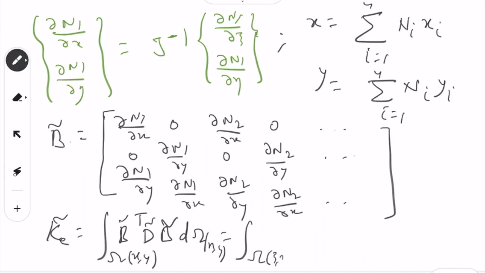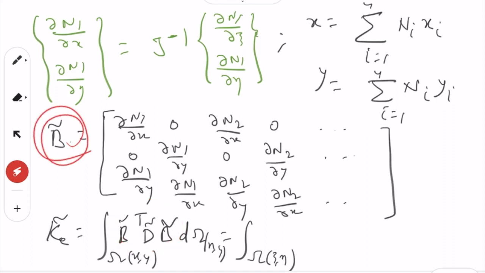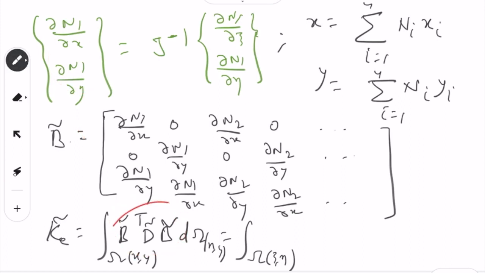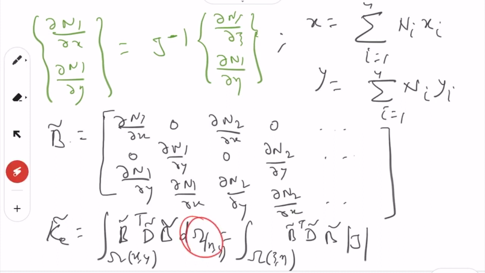xi eta form, the way we did in the heat transfer problem. So we have B transpose D B, and then we have J, the Jacobian. The Jacobian will come because we are going to write d omega in terms of xi and eta now.